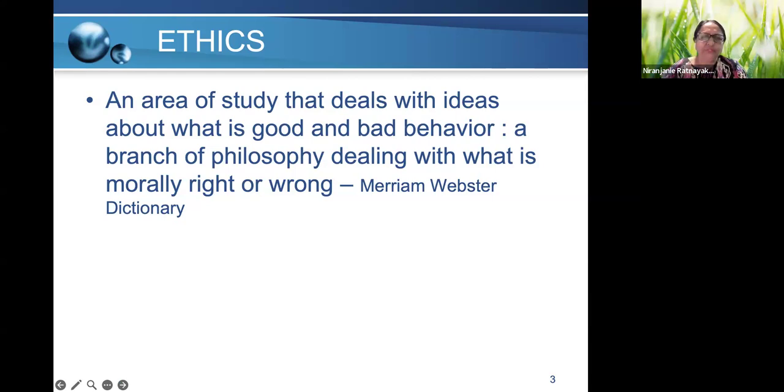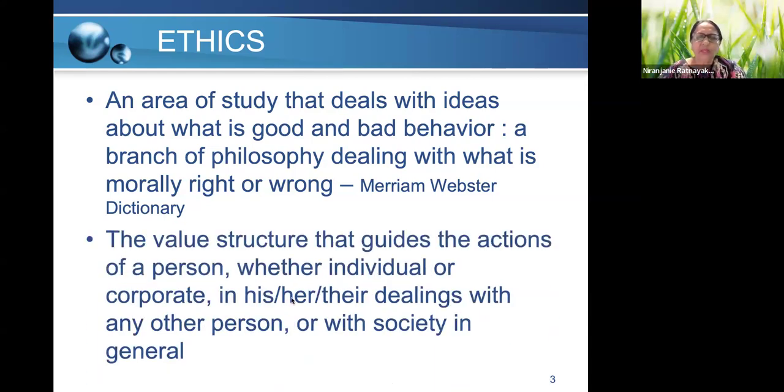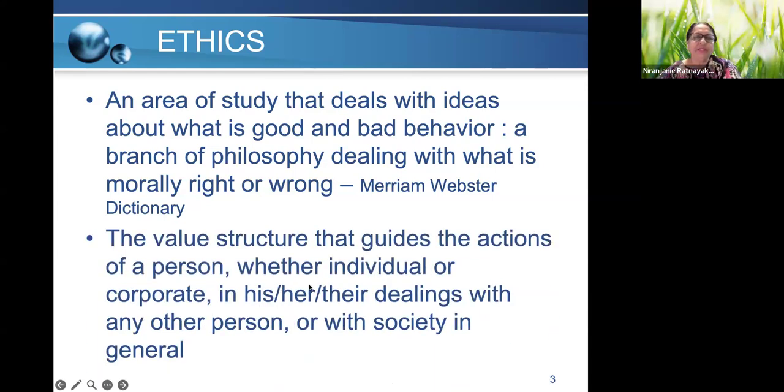Merriam-Webster dictionary. Another way of defining ethics is the value structure that guides the actions of a person, whether individual or corporate, in his or her or their dealings with any other person or with society in general.